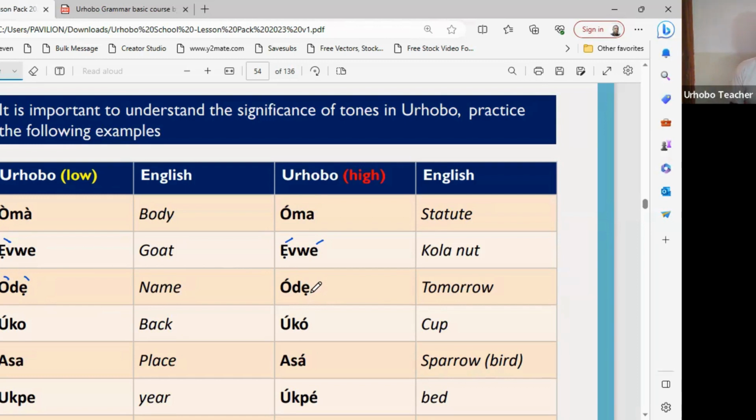Good. Ode, rising. Ode, good. Okay, now try this.